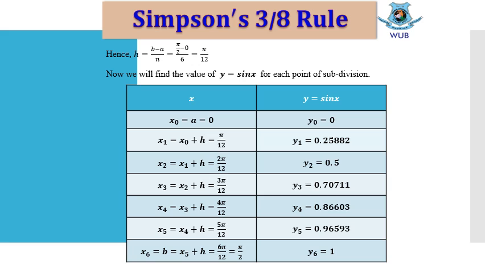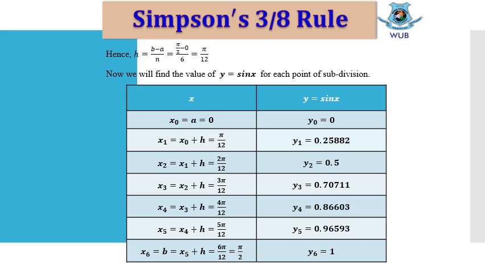Start your solution by using the given values, and you can easily find the sub-interval value h, and the value is pi/12. Now simply put these values in the equation, from where you can get the y values, that means the sin x values.